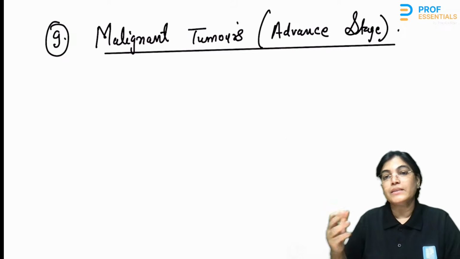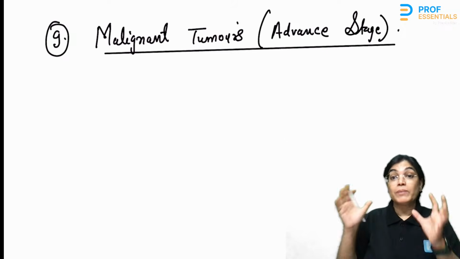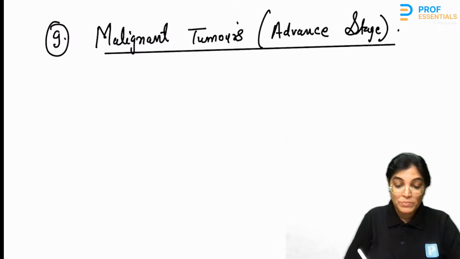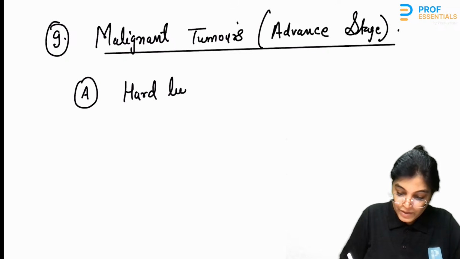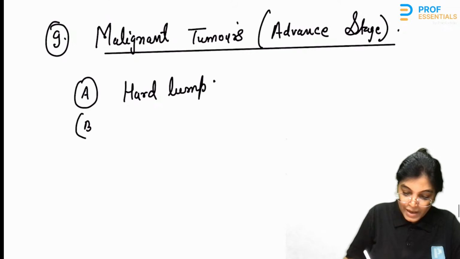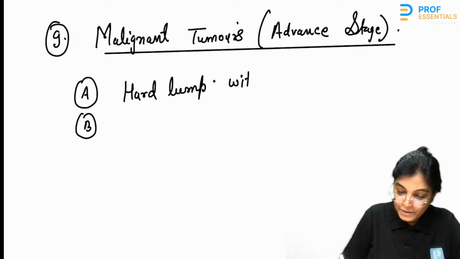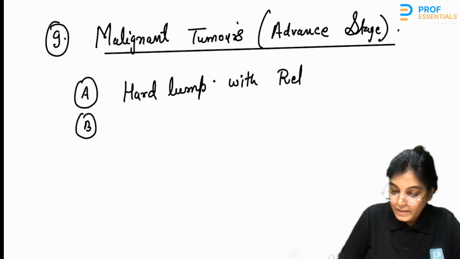Or you can just say it is a malignant tumor, advanced or not, because the patient is having a hard lump with retracted nipple.